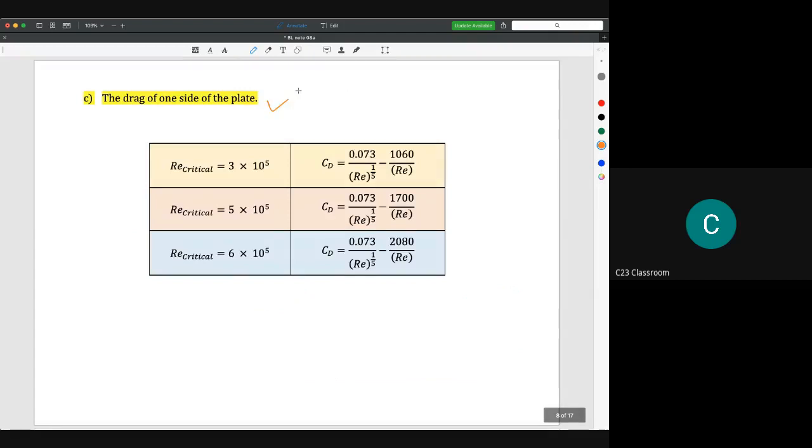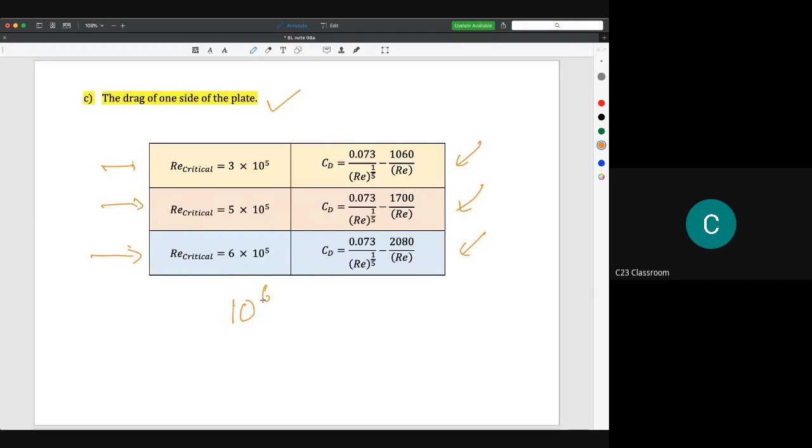So, and then we need to calculate the drag force. So the drag force, in our previous lesson, where I showed you a table, we need to use an equation like this one, but it depends on the Reynolds critical. So we have 3 or 5 or 6 times 10 to the power of 5. However, in our calculation here, we take 10 to the power of 6 as our Reynolds critical.